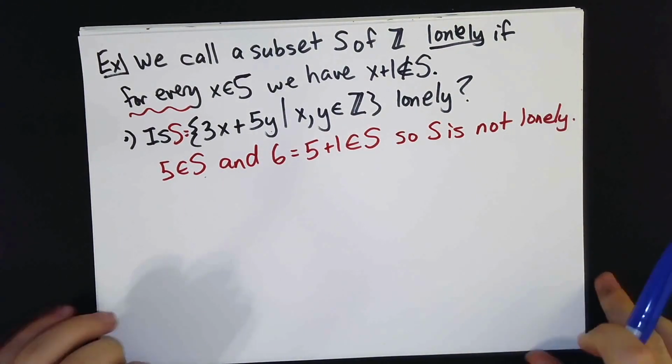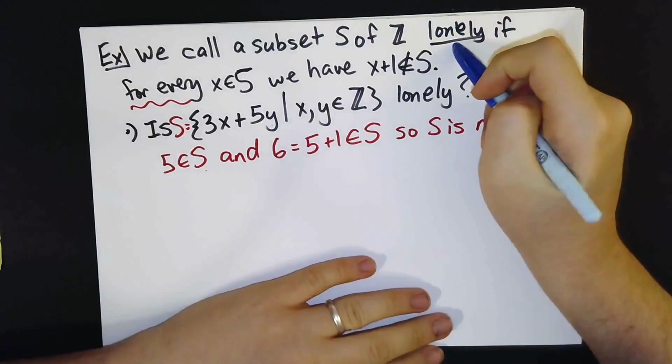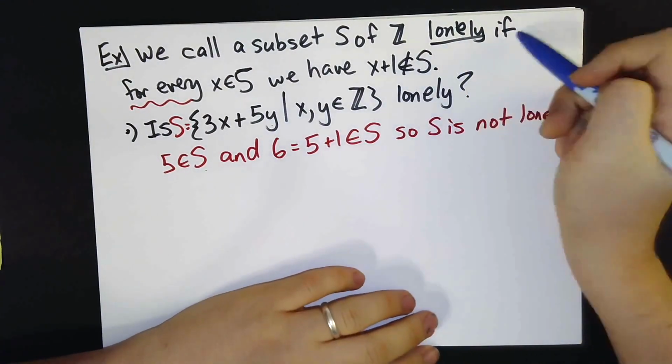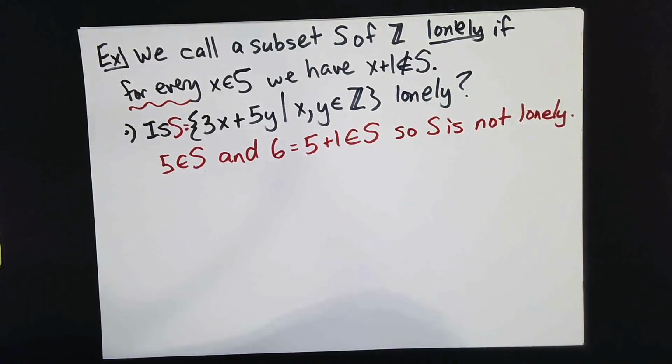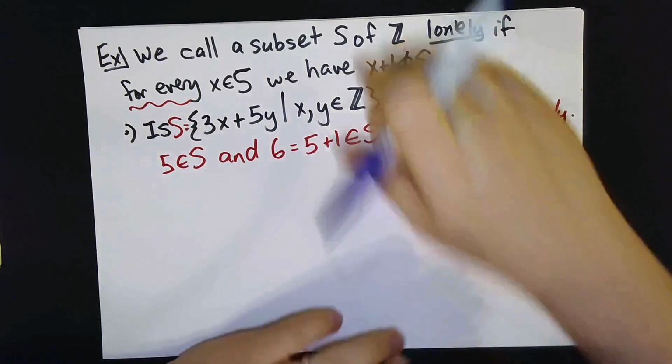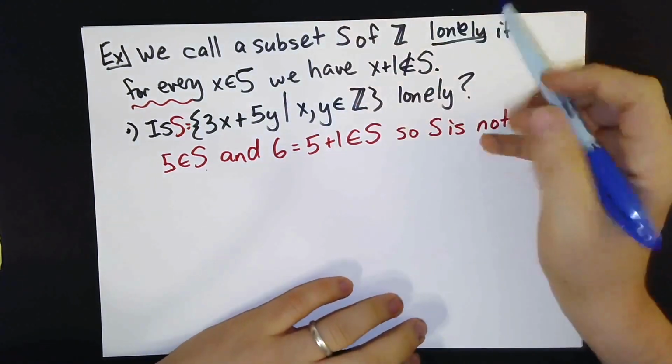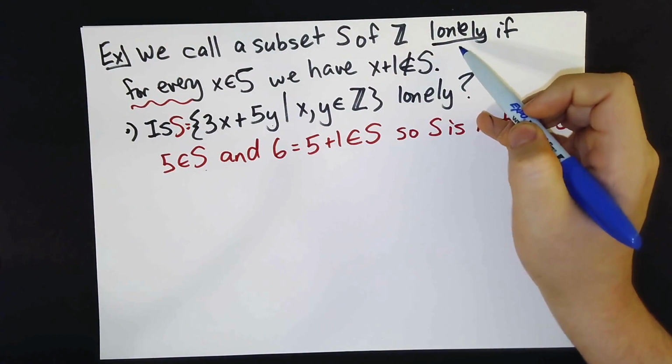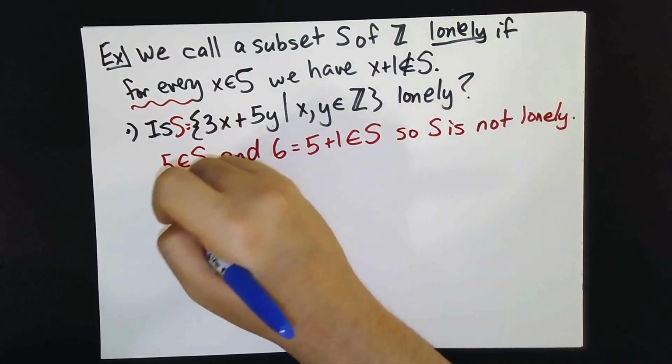Now what we did there really was to intuit the negation of lonely. But it is often worth your time in these examples to explicitly write out the negation of the word you're talking about. So how do I negate this?